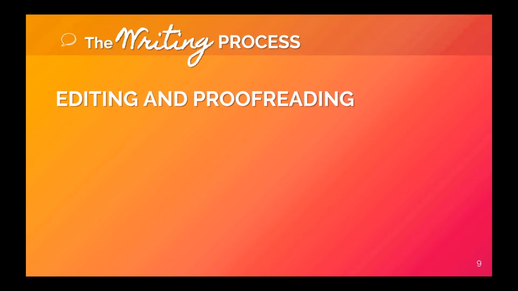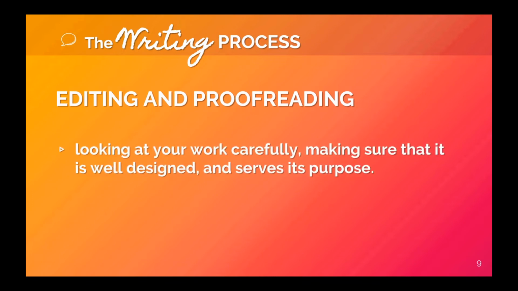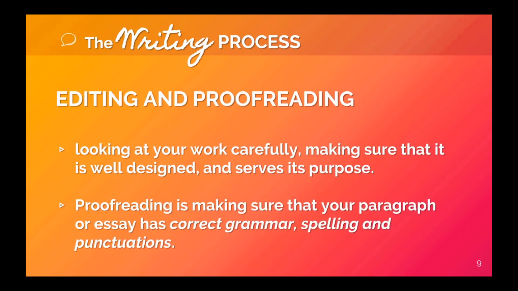If in revising, we review the content of your essay, in editing and proofreading, we look at your work carefully, making sure that it is well designed and it serves its purpose. How? By proofreading. Proofreading is making sure that your paragraph or essay has correct grammar, spelling, and punctuation.